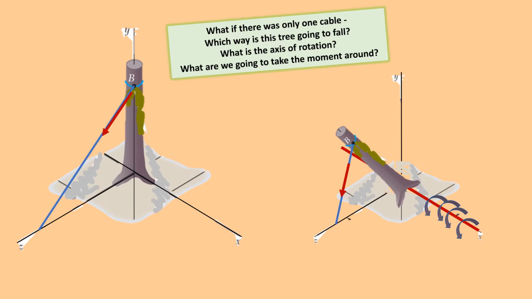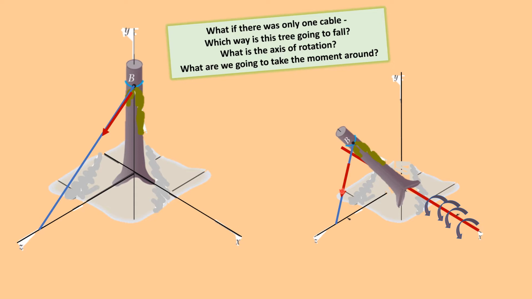The vector describing the moment always seems to be a confusing point for everyone. So let's split this apart and think through what each cable is doing to the tree. The first cable over here is pulling down and forward, and what this would create is a rotational motion mostly around the x-axis.